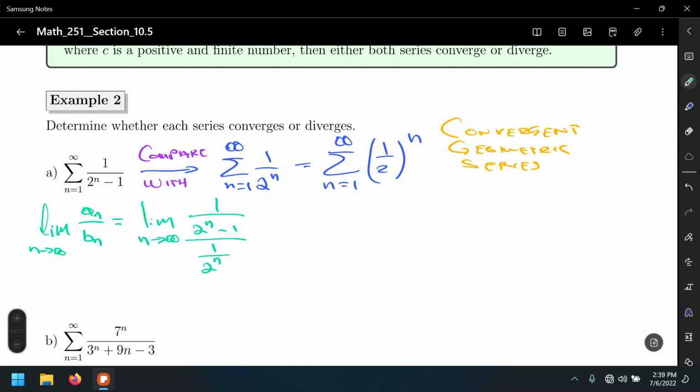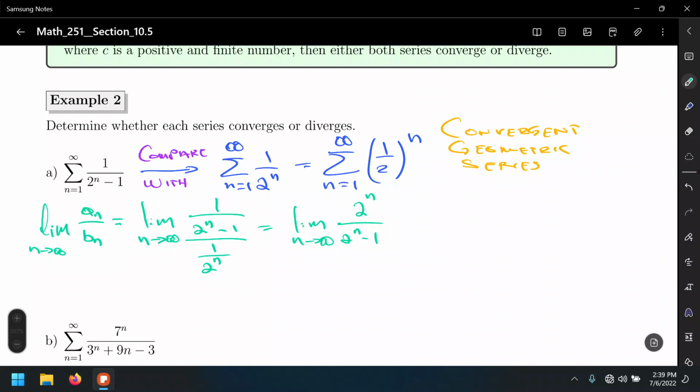Let's simplify this complex fraction by multiplying by the reciprocal of the denominator, which is the limit of 1 over 2 to the n minus 1 as n approaches infinity, times 2 to the n over 1.